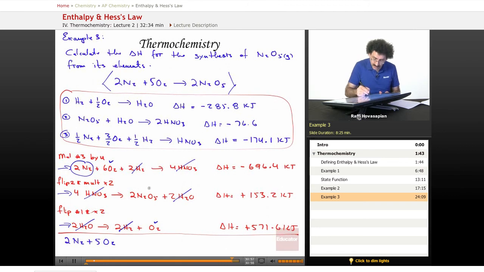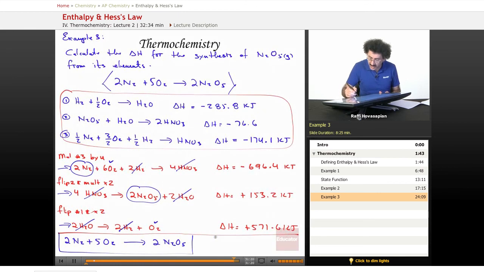Now the only thing left is the 2N2O5, which is on the right, so I'm not adding it. That's on the right-hand side of the arrow, so I get 2N2O5, which is exactly what we want: 2N2 plus 5O2 goes to 2N2O5. That's exactly what we found.